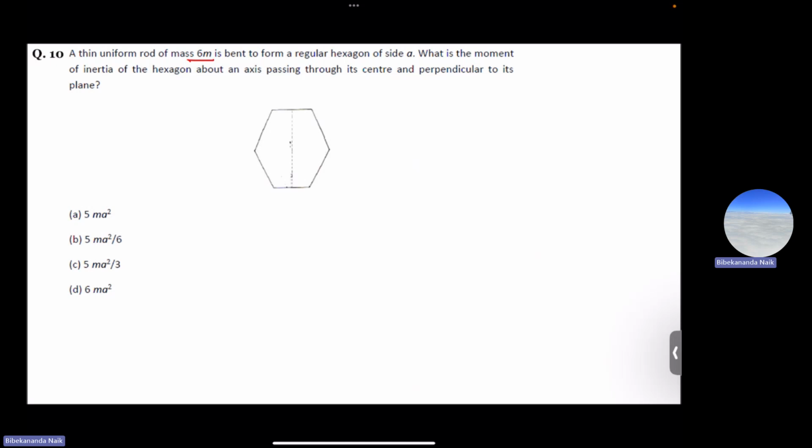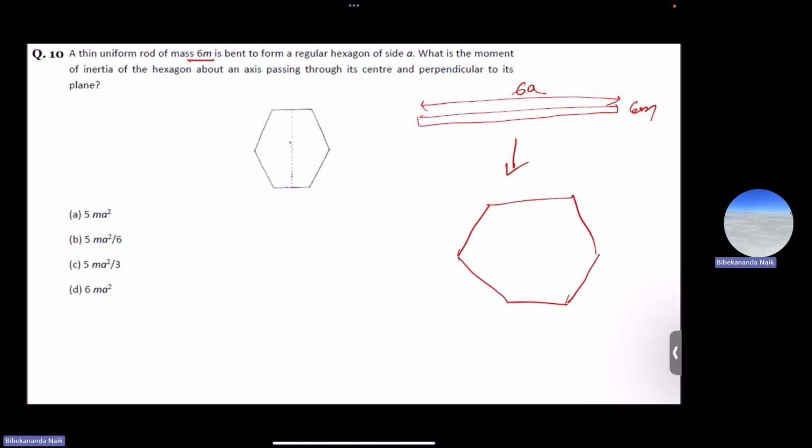So there was a rod, mass was 6m and length was 6a. Now it gets converted into a hexagon. So each side is a and mass is m.